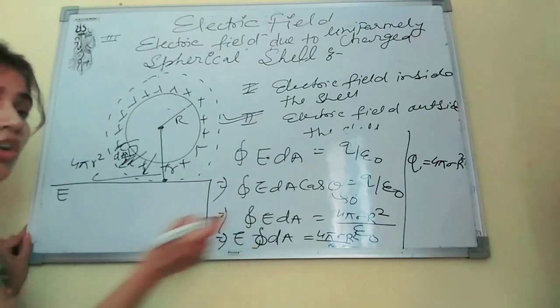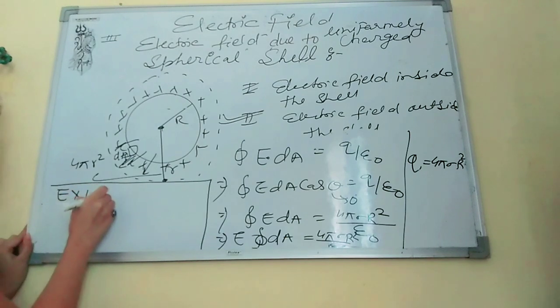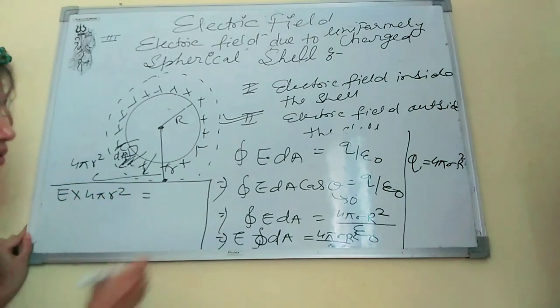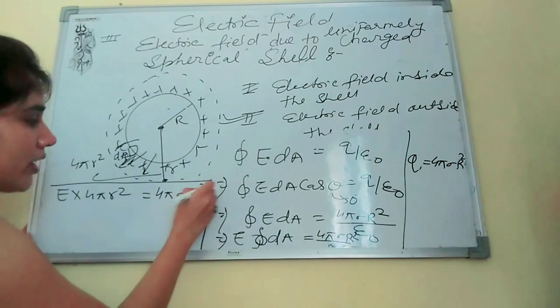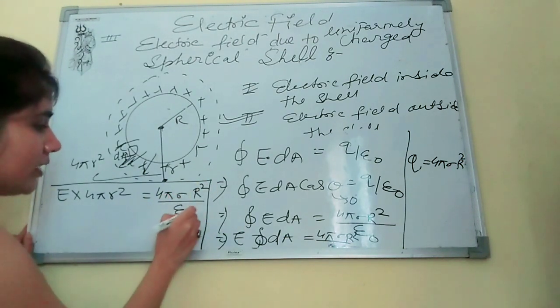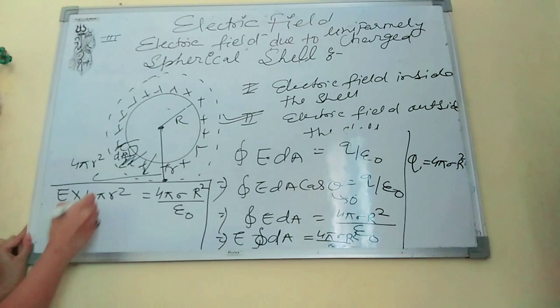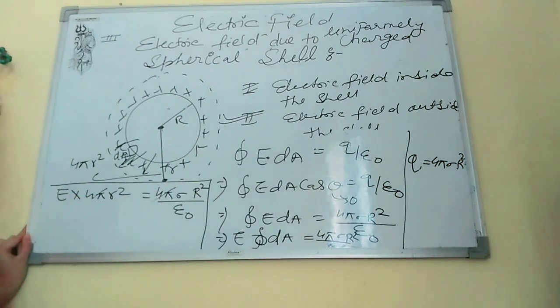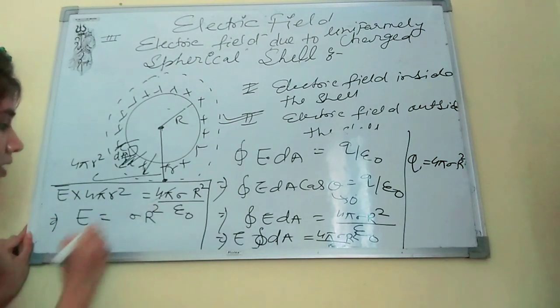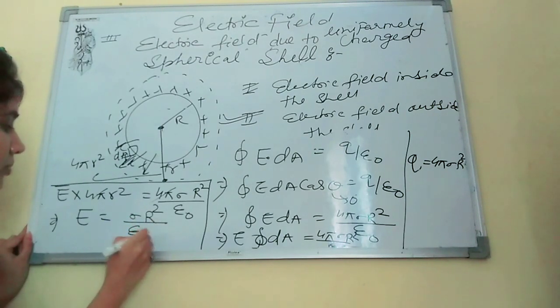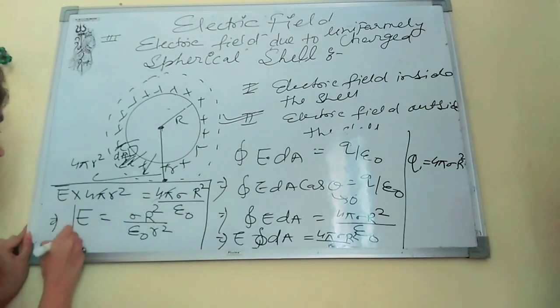So E times 4 pi r square equals 4 pi sigma R square upon epsilon naught. Now 4 pi will cancel out. So the electric field we get is equal to sigma capital R square upon epsilon naught small r square.